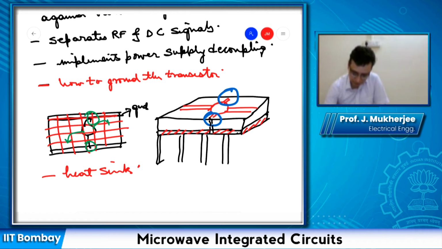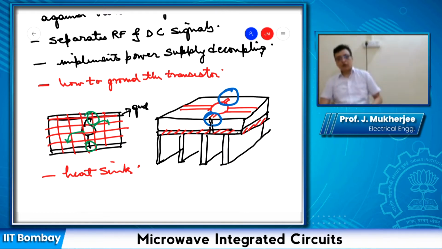At the bottom usually, so these are simple air cooled metallic structures which conduct away any heat produced by the transistors.